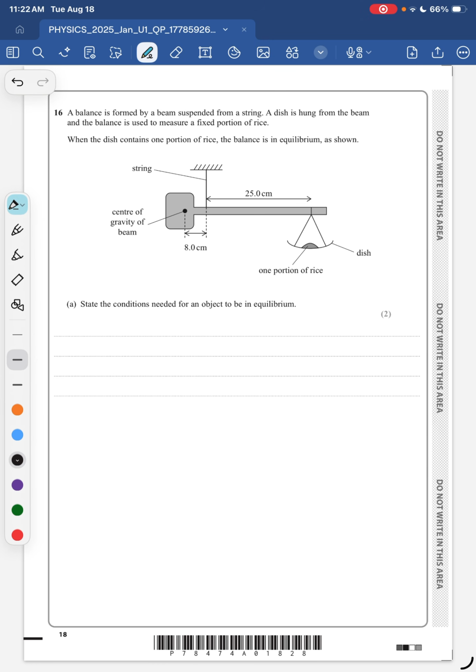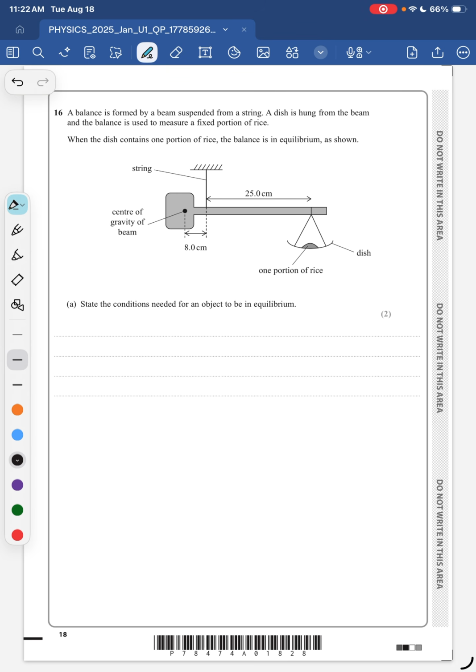Okay, question 16. A balance is formed by a beam suspended from a string. A dish is hung from the beam, and the balance is used to measure a fixed portion of rice. When the dish contains one portion of rice, the balance is in equilibrium as shown.